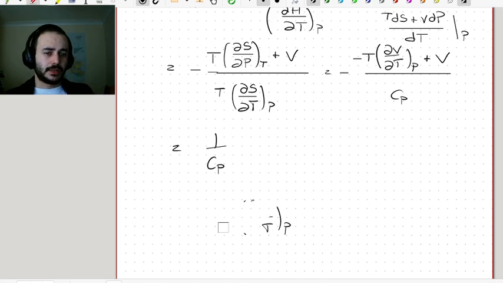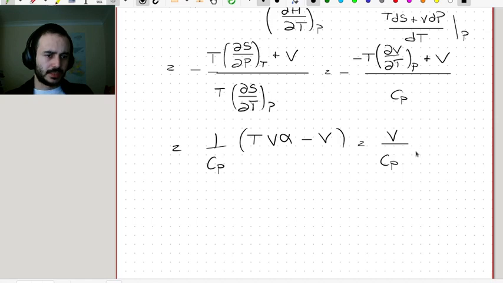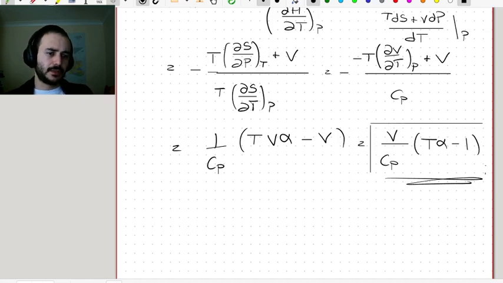So actually what is written there is T V alpha, because the minus goes with the minus sign, and then I have minus the volume on the other side, so I could write the volume divided by Cp, and here I have T alpha minus 1. Okay, so this is the derivative that we were interested in.